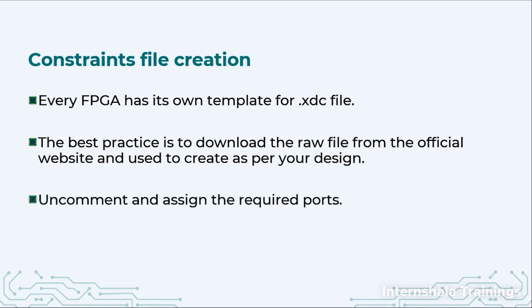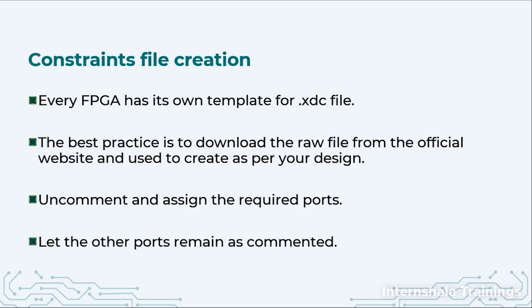This file which is downloaded from the website is going to have all the components commented. We will just uncomment the required components and the required ports, and the remaining ports and components will remain commented. That means they will not be used by our FPGA.